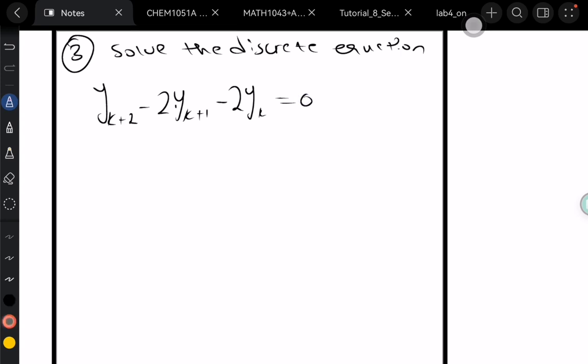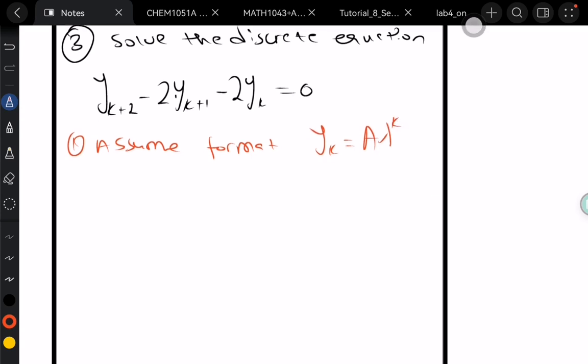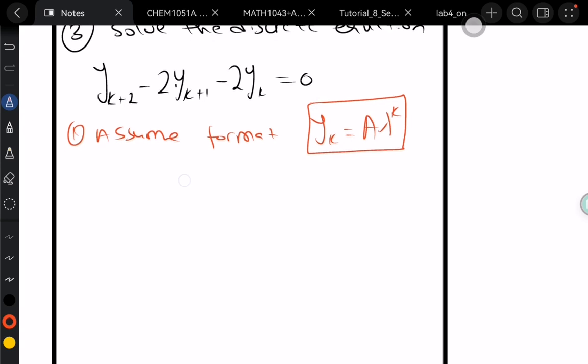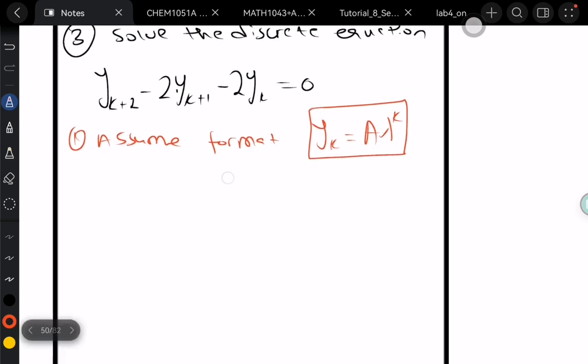Our first step is to assume we solve it in this format: y(k) equal to a lambda to the power k. So we use this format to solve the discrete equations.